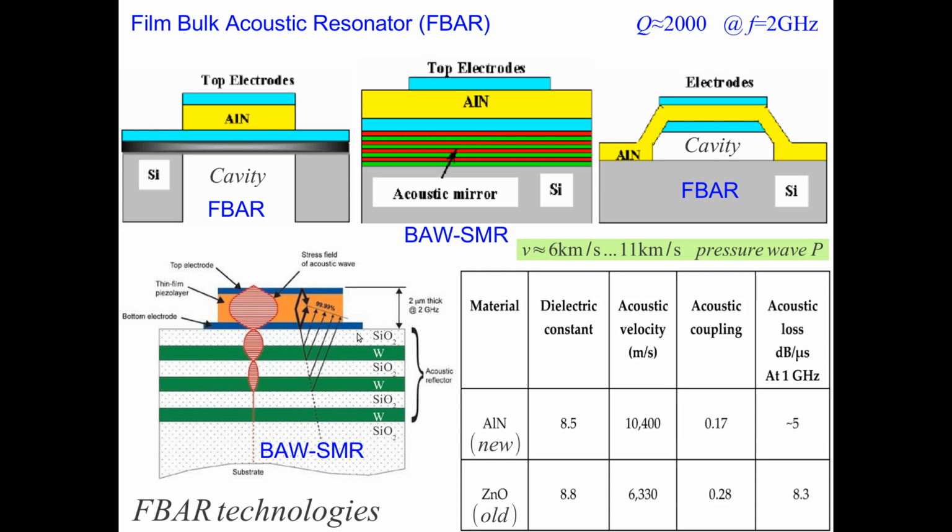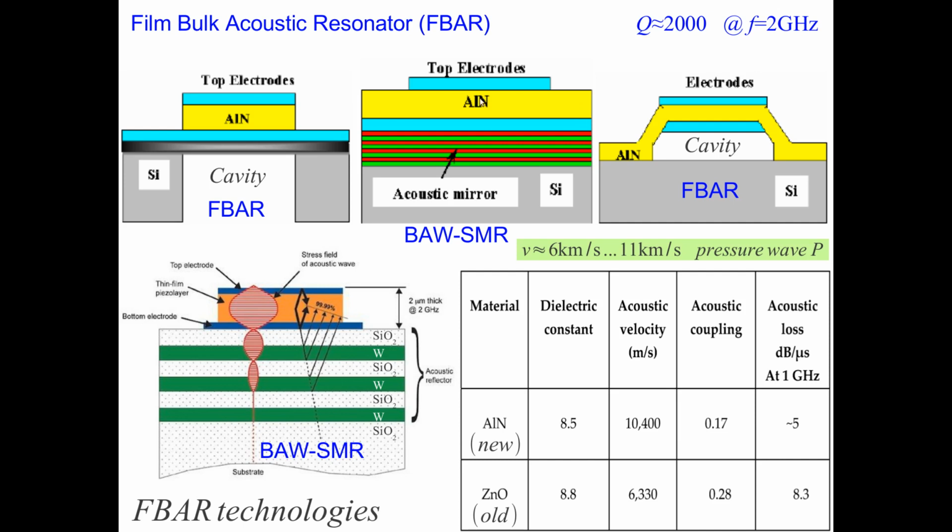This Bragg mirror consists of sections having very high acoustic impedance like tungsten and very low acoustic impedance like silica glass. So putting here many layers of silica glass, tungsten, silica glass, tungsten, and having the period exactly equal to half of the wavelength, we build here a Bragg reflector to reflect all acoustic waves back into our piezoelectric resonator that's located here or here.